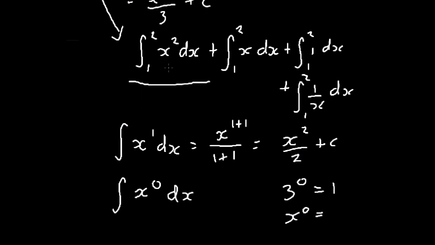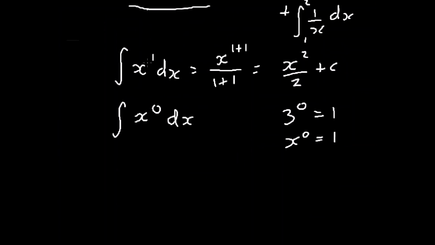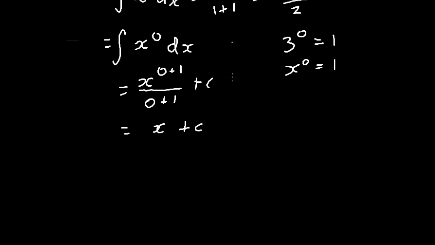The answer will both be 1. You can check if you don't believe me. So in this case, we've got x to the 0 plus 1, divided by 0 plus 1, plus c, and that is then equal to x plus c.